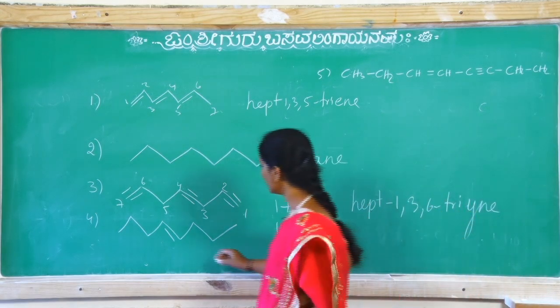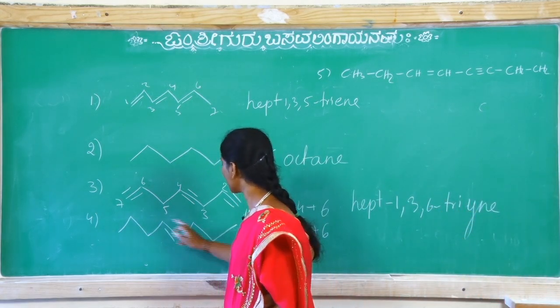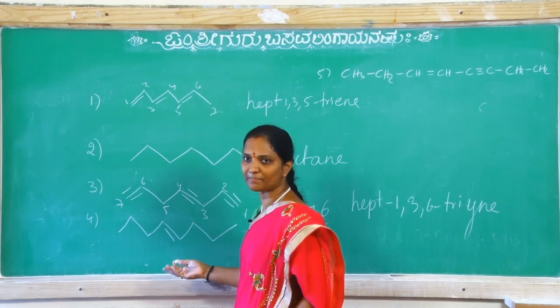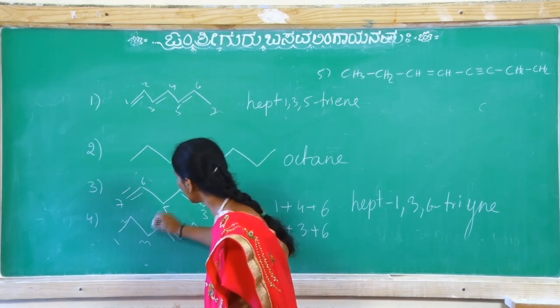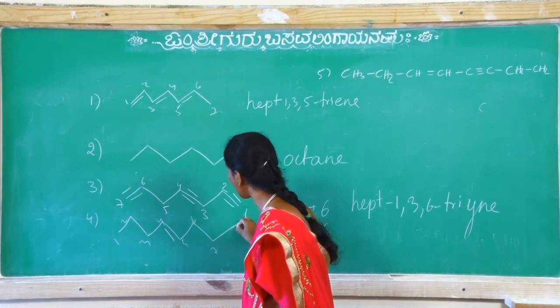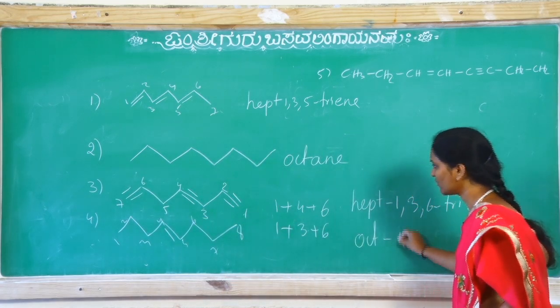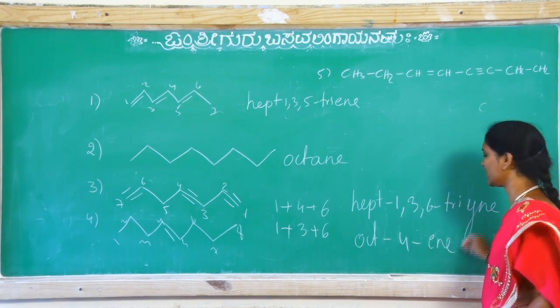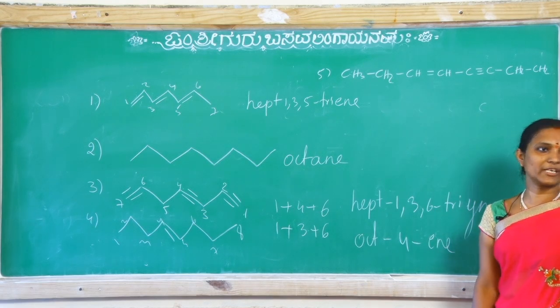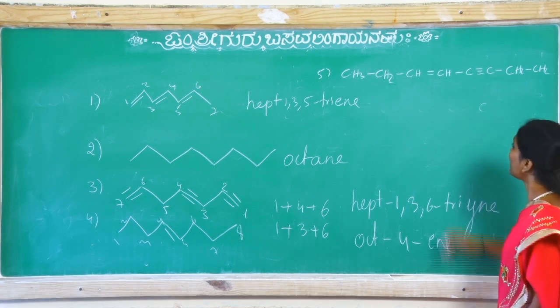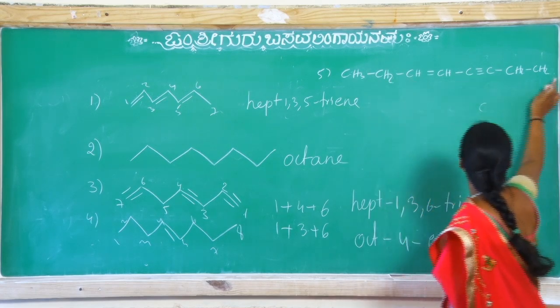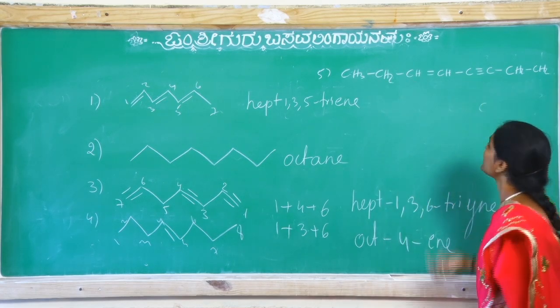Next one. 1, 2, 3, 4. Say 1, 2, 3, 4, 5, 6, 7, 8. Opt 4 in. Just opt 4 in. Next one. 1, 2, 3. Same.